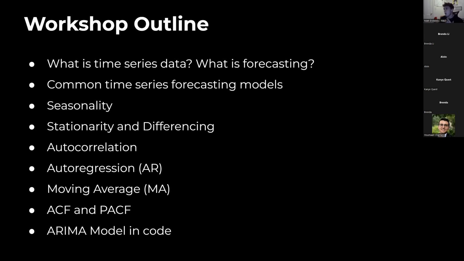We're also going to talk about common time series forecasting models. We're going to look at what seasonality is, what stationarity is, what differencing is, what autocorrelation is, what autoregression is, what a moving average is, and what the ACF and PACF tests are. And then finally, we're going to look at the ARIMA model in code in a Jupyter notebook.